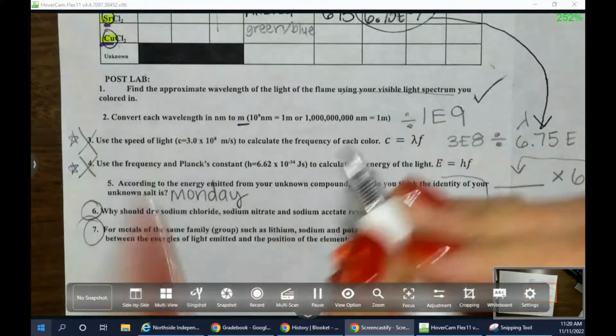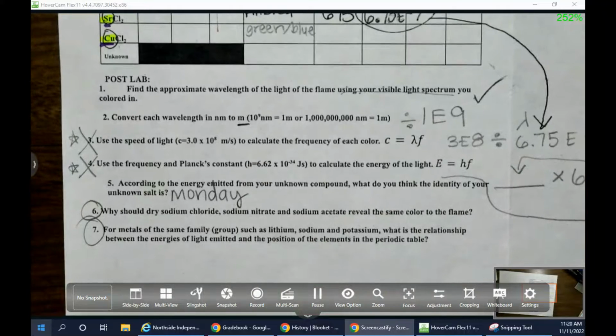Why do we have to convert it to meters again? Anybody remember? What's so important about it being in meters instead of nano? What's the speed of light unit? Anybody know? It's the one that's 3E8.